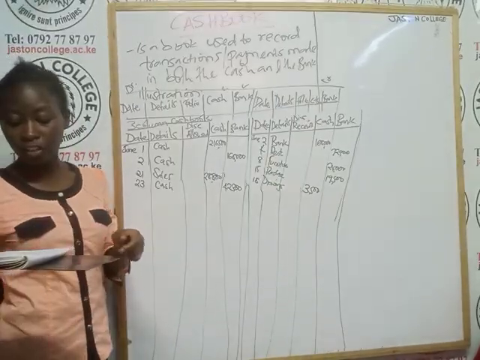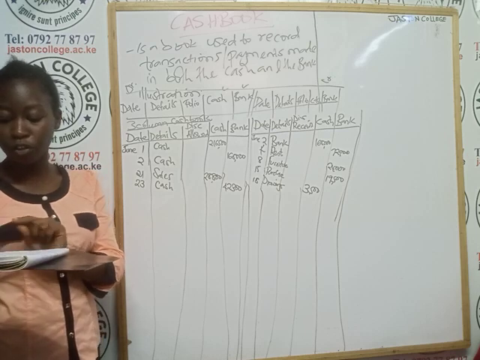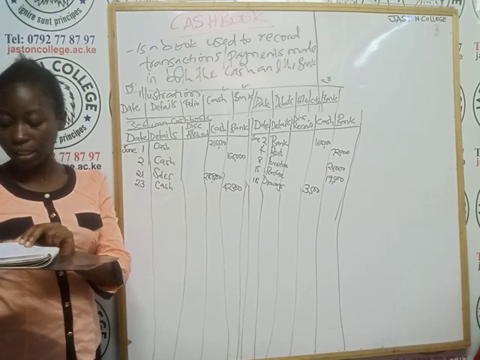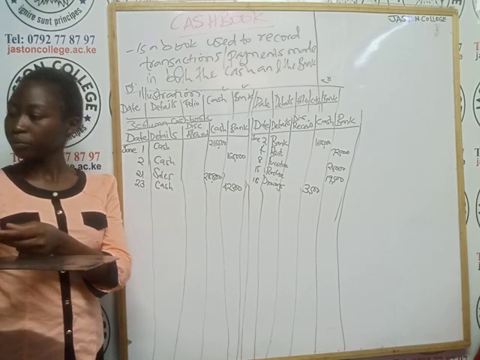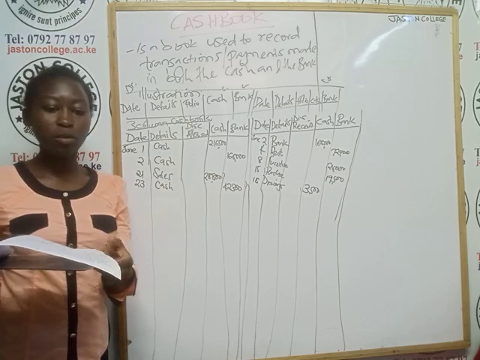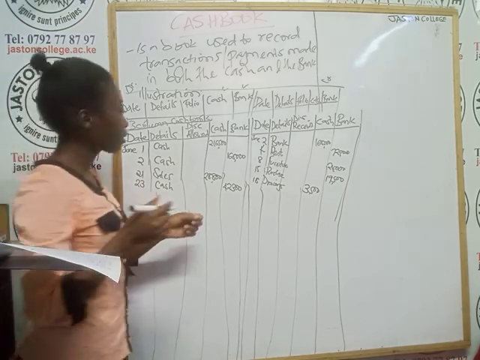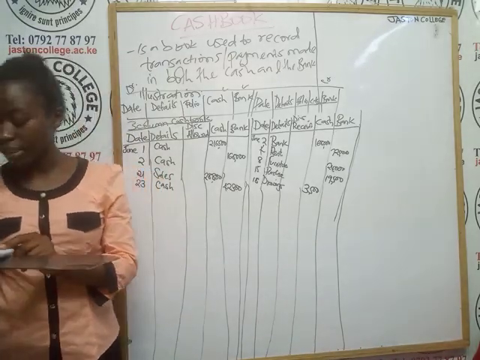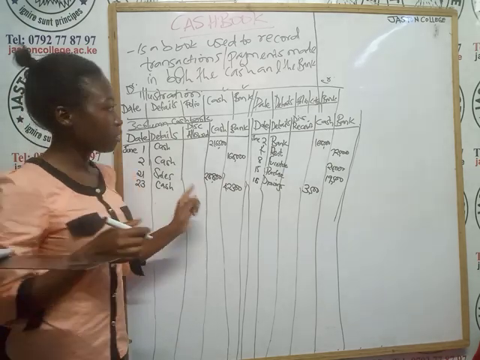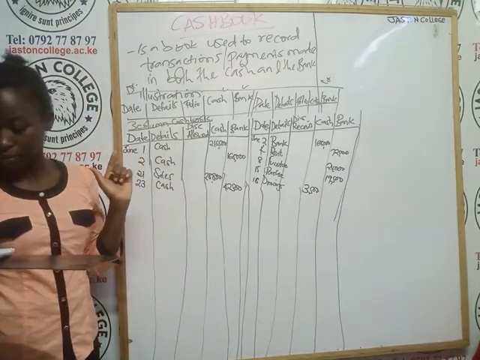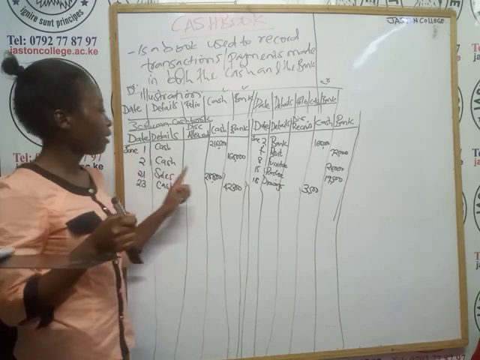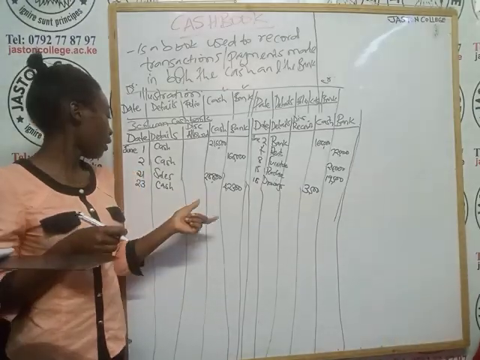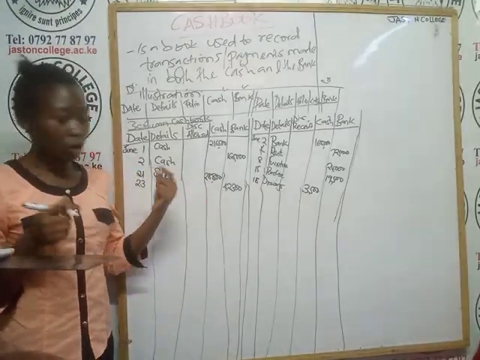Then on 25th, he purchased goods on credit from J. Bakari with credit terms 2/10 net 30 for 21,000. As a good student, you should note that we have a discount here, which is 2/10 net 30. That means before date 30, there is a discount on the supply made. Here we purchased goods worth 21,000 on 25th.